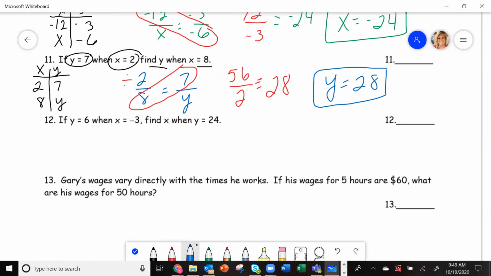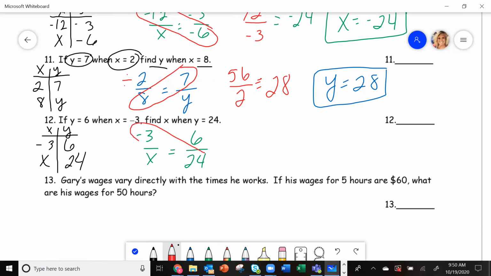So now this time, setting it up, x and y. When x is negative 3, y is 6. Find x when y is 24. Well, we have negative 3 over x equals 6 over 24. Cross multiply.